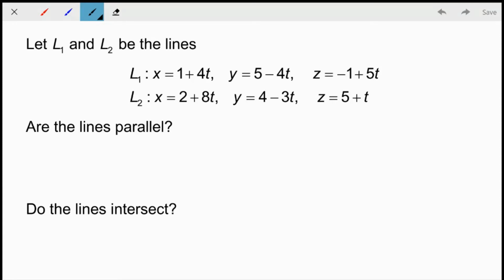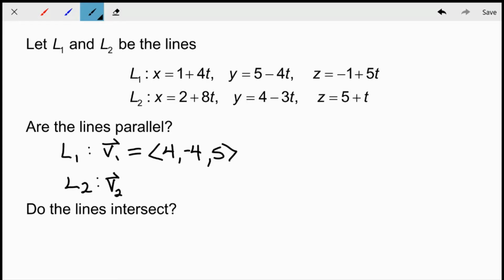So for line 1, my direction vector would just be <4, -4, 5>. Remember, I'm just using what's multiplied by the parameter t. And for the second line, I'll call this direction vector v2, and it would have components <8, -3, 1>.